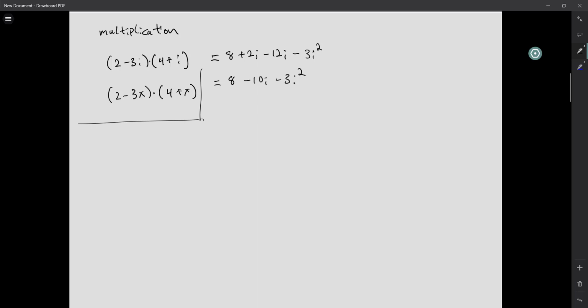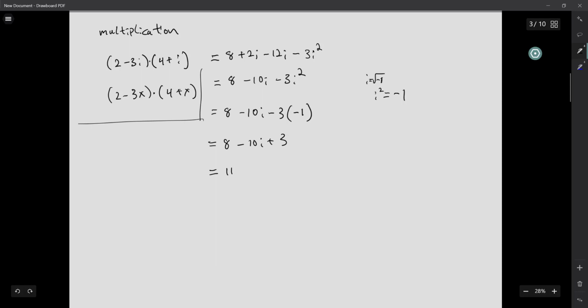If you did this on the version with the x, then you would just have x's in place, and you'd say, hey, I've finished multiplying out my polynomial. But here we know that since i is equal to the square root of -1, i squared has to be equal to -1, and we can fill that in to further simplify. So we've got 8 minus 10i minus 3, and in place of i squared, I have a -1, giving me 8 minus 10i plus 3. So my final answer is 11 minus 10i.